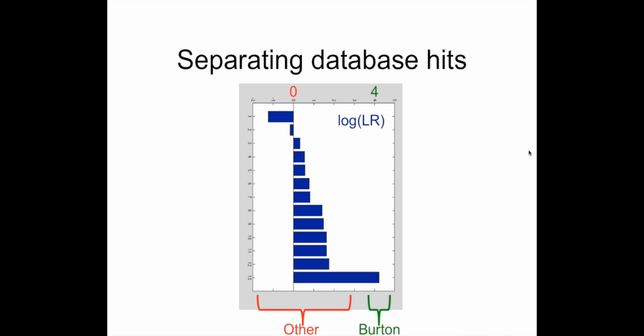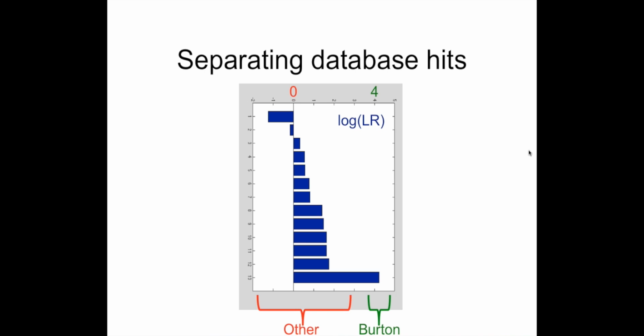And they're sorted going from around -1 up to +4, or about 10,000. And what we see is that there seems to be a clustering where the other 12 match statistics from these database hits are around 0 or 1 and just randomly varying.